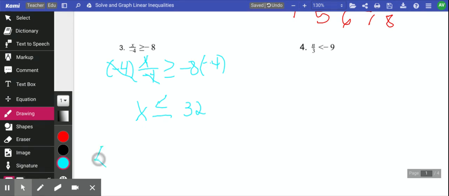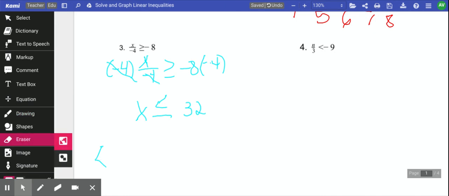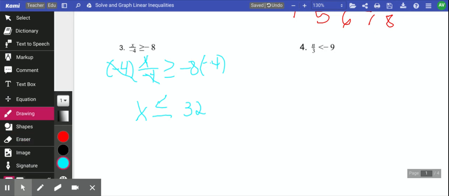Now I'm going to make my number line. Okay. 32 goes right in the middle. To the right, the number should be increasing. To the left, the number should be decreasing.